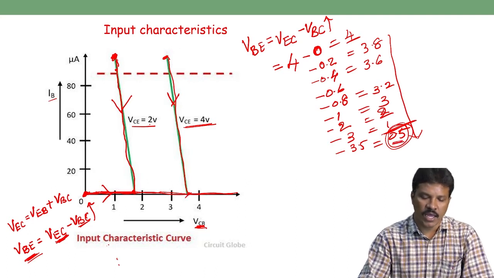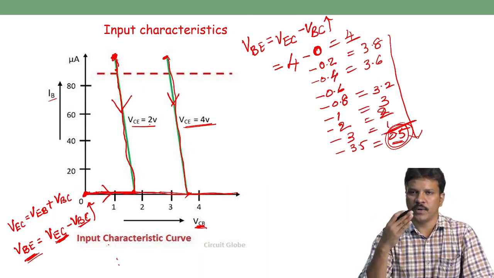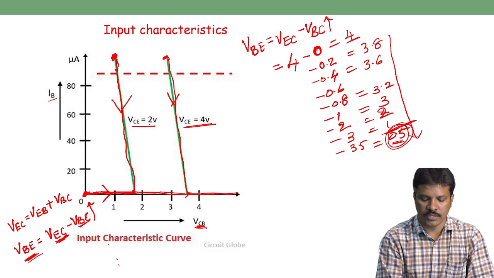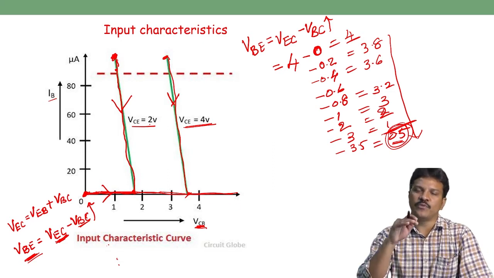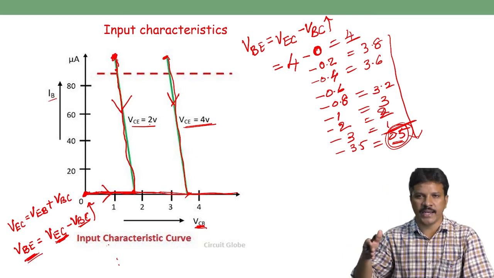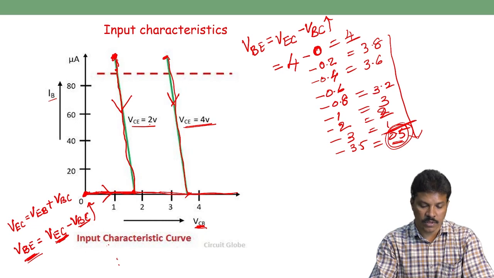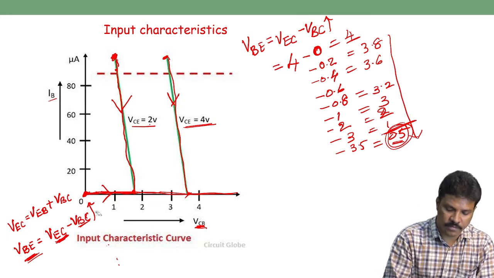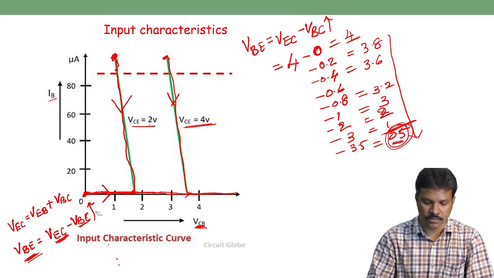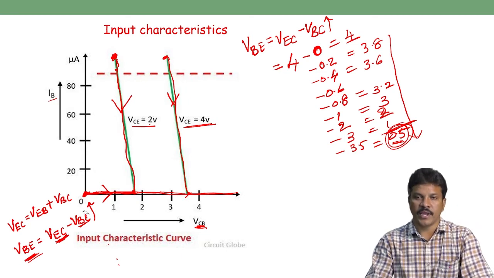In this way, we get a negative slope in the input characteristic. As the voltage increases, the current decreases, so the resistance will be very, very high. This is the input characteristics.